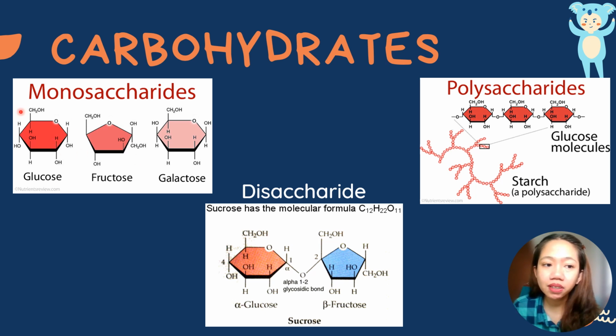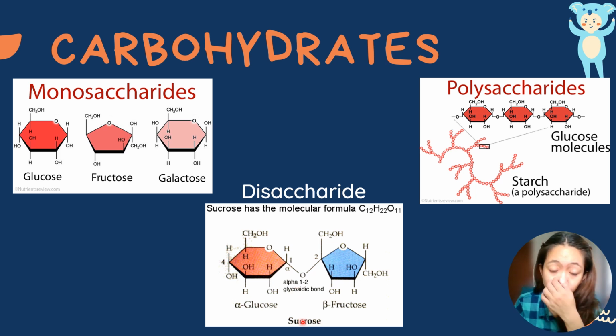So for example, here for glucose, it has 6 carbons. For fructose, it has 5 within its ring, and galactose also has 6. Then they would have different amounts of hydrogen and oxygen within them. Next, disaccharide. Again, remember these are just two monosaccharides bonded together by a glycosidic bond.